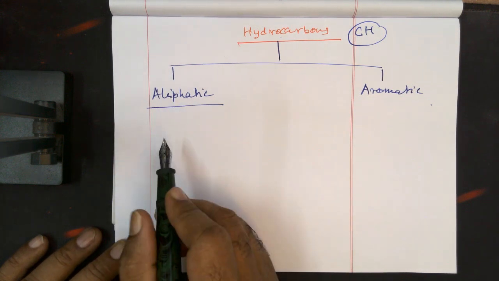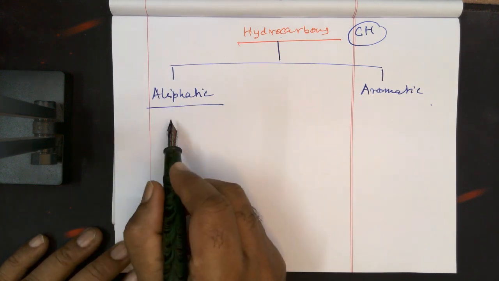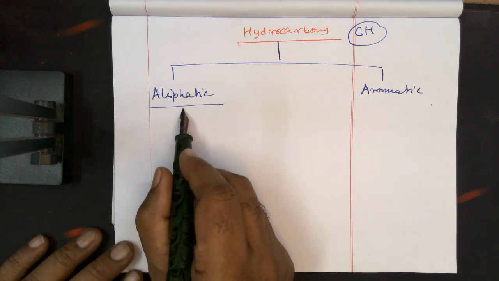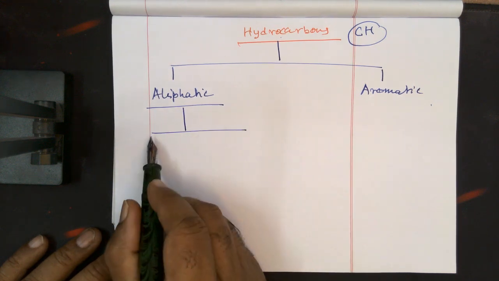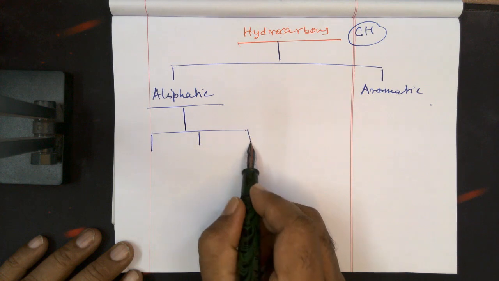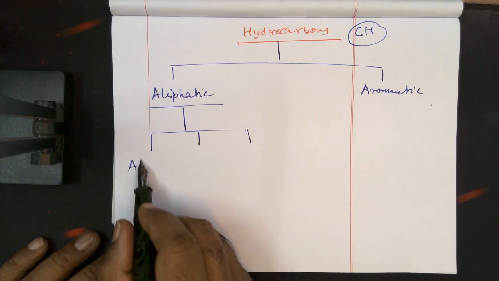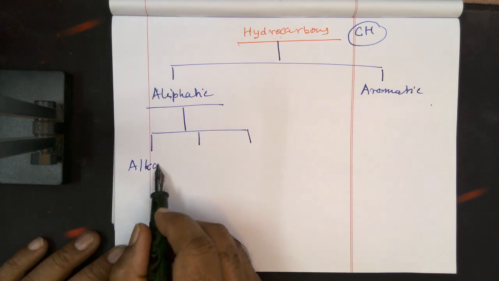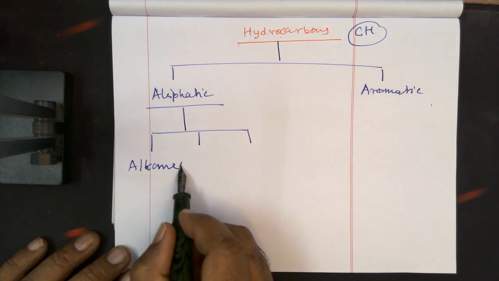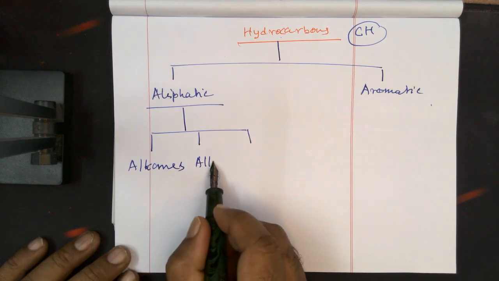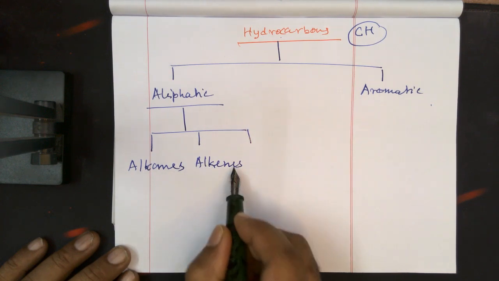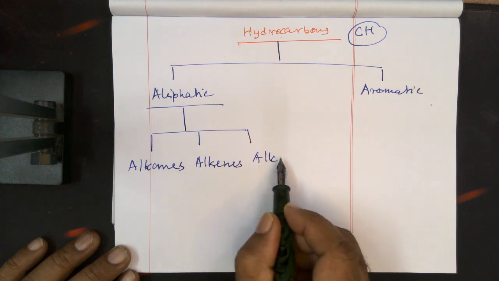Aliphatic hydrocarbon, we can start with, this can further be classified into three, simply speaking: alkanes, alkenes, alkynes.